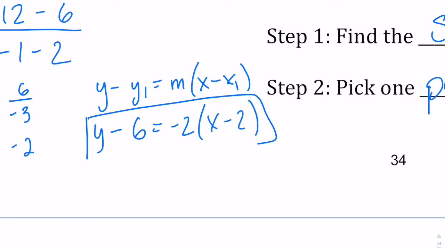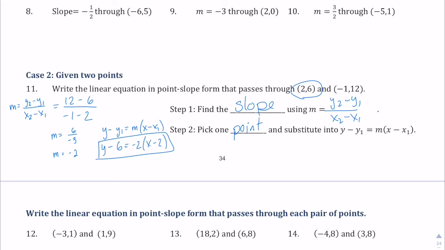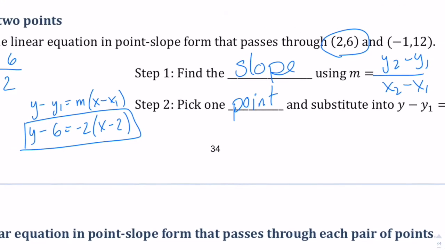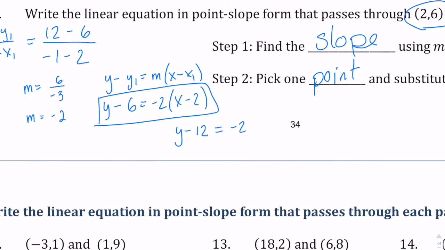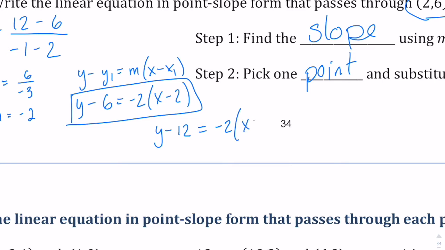And that's definitely the correct equation. For thoroughness, we will show the other equation. So it's got to go through negative 1, 12. So y minus 12 equals negative 2, that's still our slope, double checking, okay, times x plus 1.